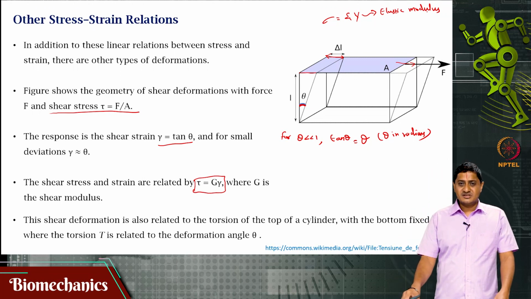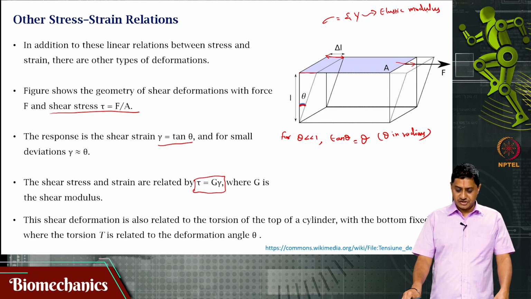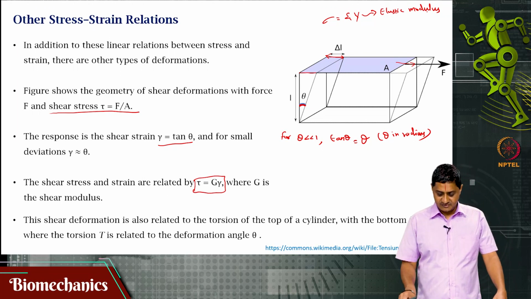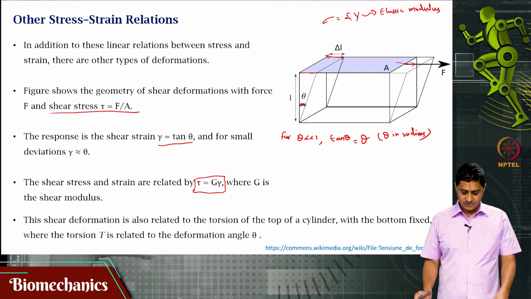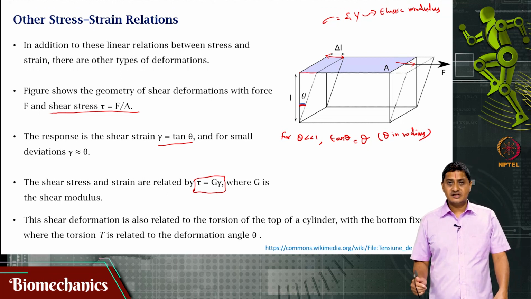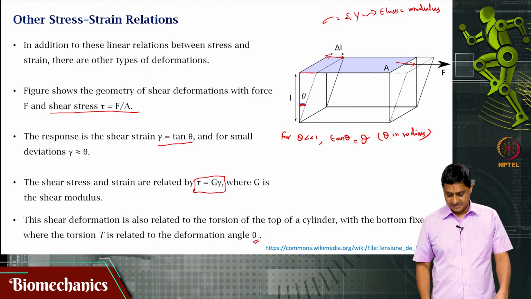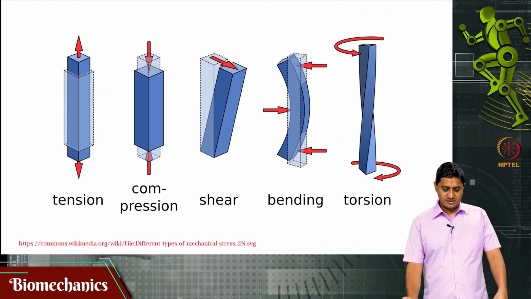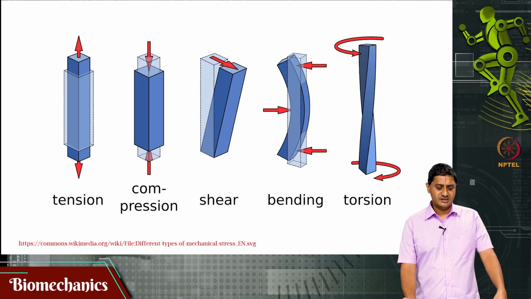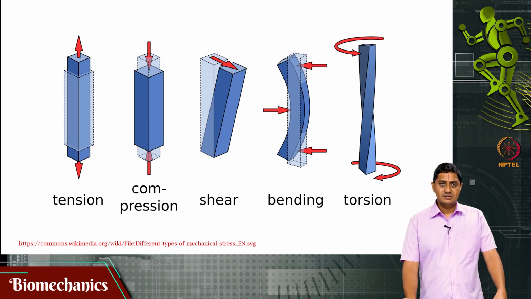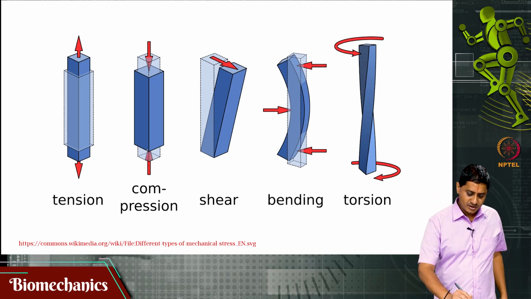This deformation is also related to the torsion of the top of a cylinder when the bottom is fixed, when the deformation angle is theta. So, what are the various loadings that are possible on the material? Tension, you are pulling on the material; compression, you are pushing on both sides.